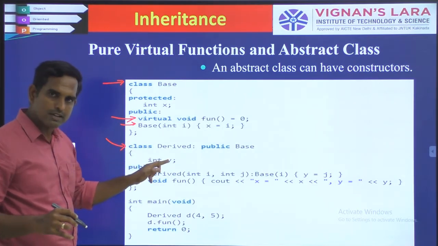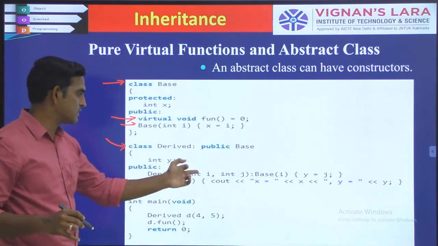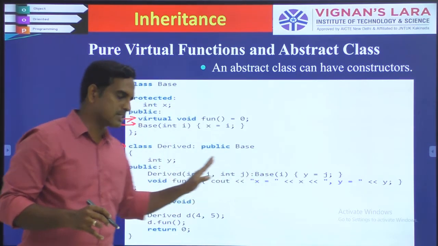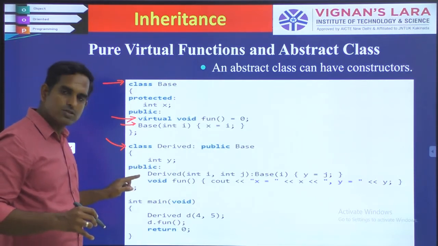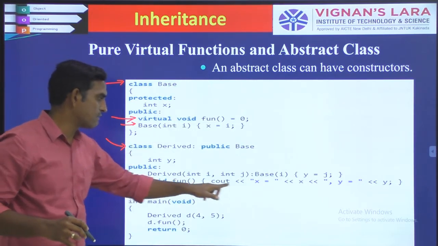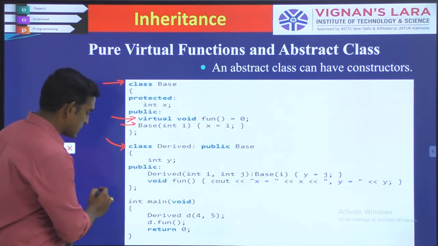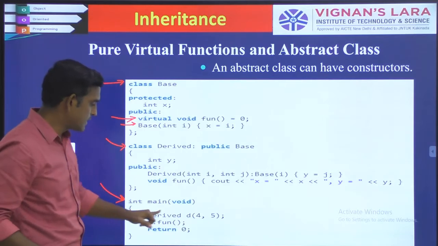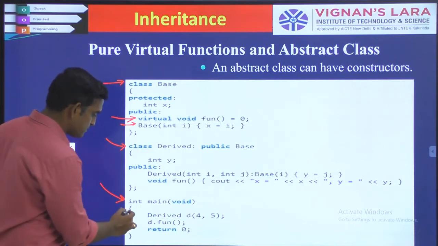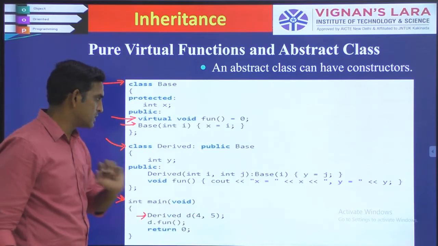Inside the derived class I have a y variable, and the derived class also has its own constructor with i and j values, and it implements the pure virtual function. The implementation prints the x and y values. Inside main, when I create derived d of 4, 5, I am creating a derived object d with parameters 4 and 5.